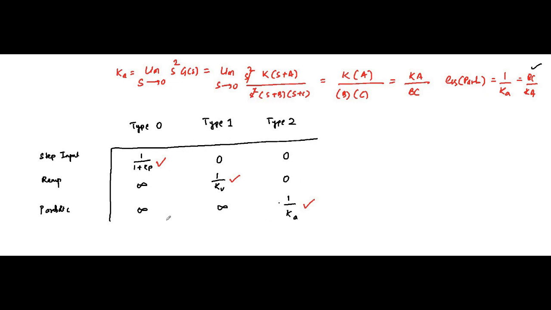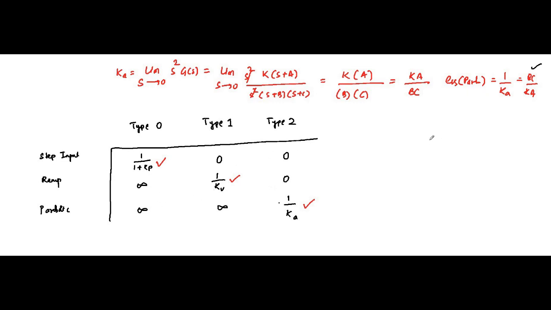So if you can remember this table, then you can directly arrive at the results. You can quickly figure out whether the steady state error will be equal to infinity or 0 just by remembering this table. And in the case where it is one of these three combinations, step type 0, ramp type 1 and parabolic type 2, there you have to do the calculations.